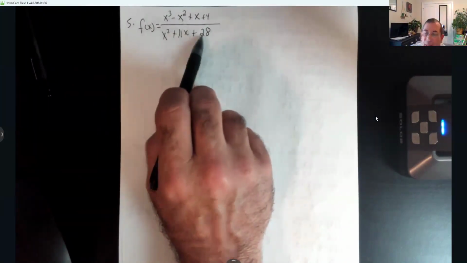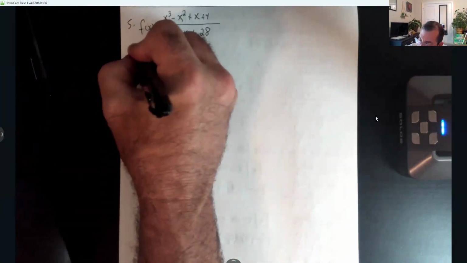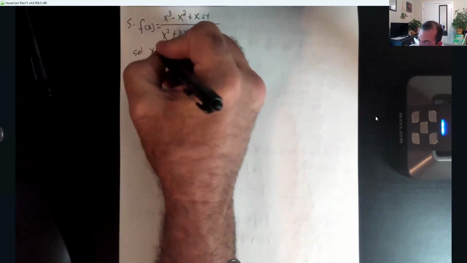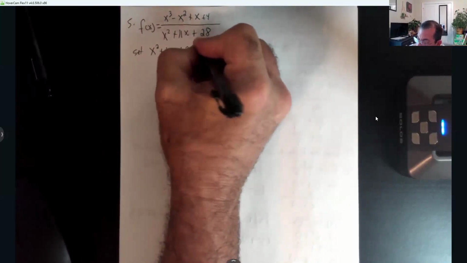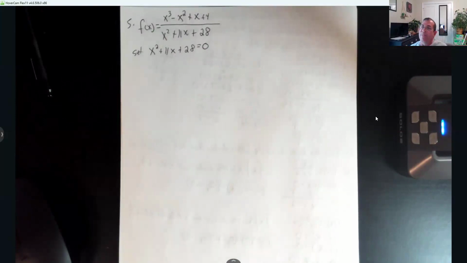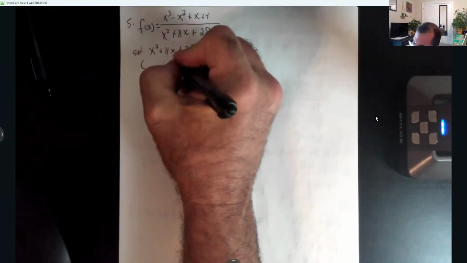We know we have to set that bottom equal to 0. We've got 3 terms on this one, so you want to factor it or use the quadratic formula to solve it. I'm going to factor this one.